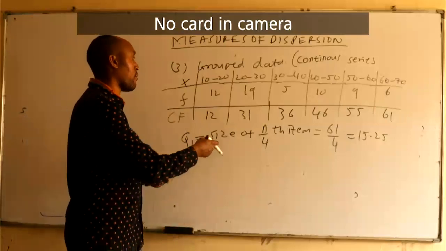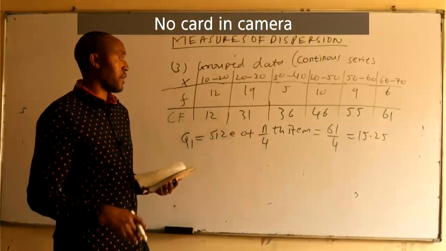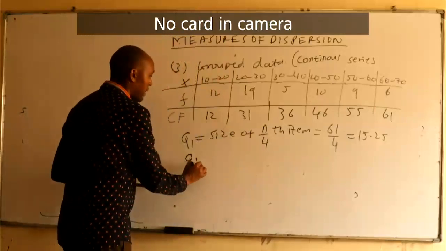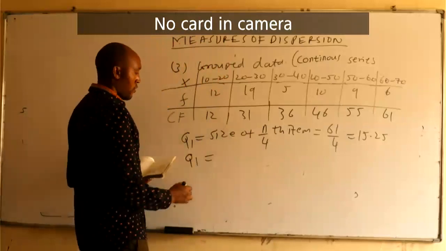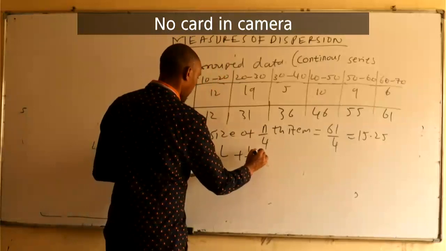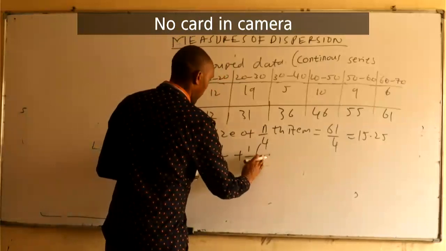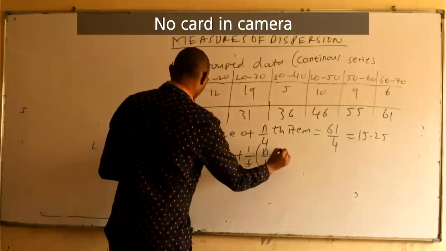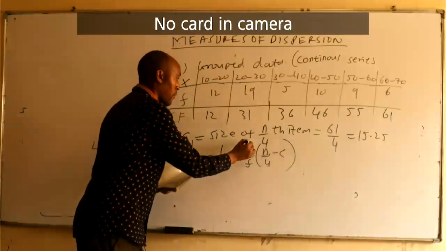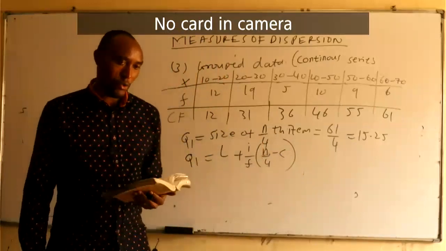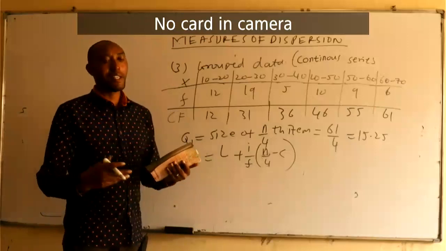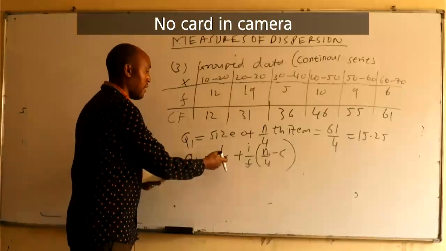The formula n over 4 helps you get the nth item. Now, the formula for Q1 is L plus h over f, into brackets, n over 4 minus c. That is the formula we are going to use. You are just seeing letters, so what are these letters?